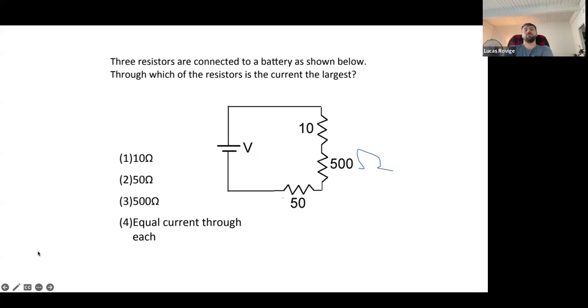So for which resistor is the current the largest? Right.